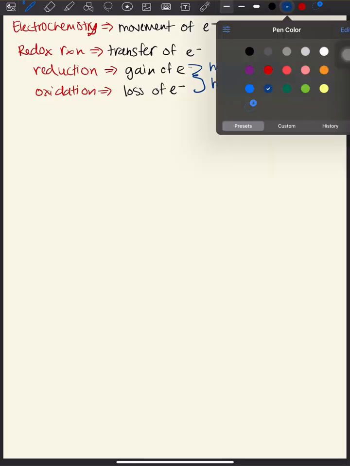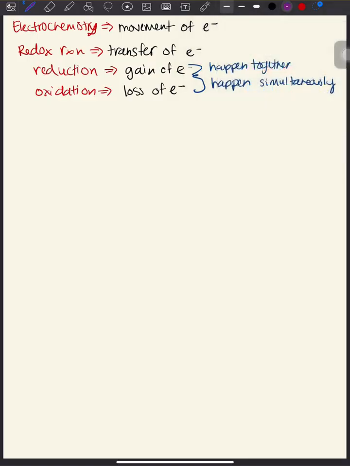Now, through the reduction process, it's going to result in a decrease of oxidation number.